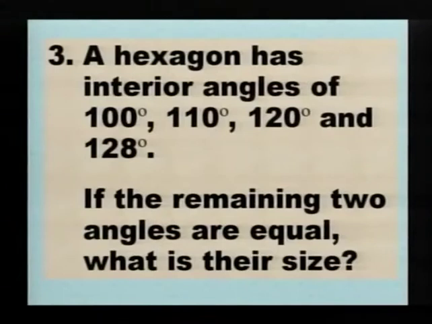Number 3, a hexagon has interior angles of 100, 110, 120, and 128. The remaining 2 angles are equal. You are to find the size of the equal angles. Karanamo. 131 degrees.